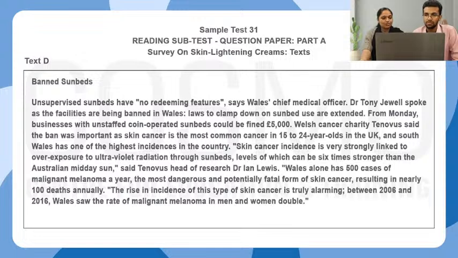So can you find out what is the type of sunbed that's penalized in Wales? Can you identify the answer from this text? What word is used for the keyword penalty in this text?